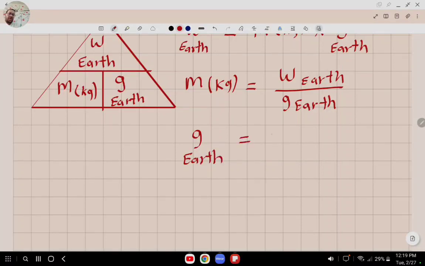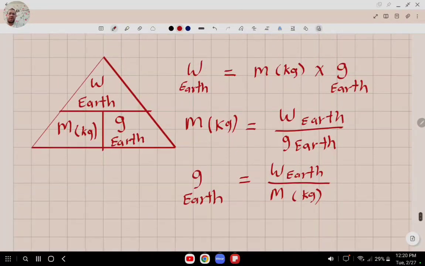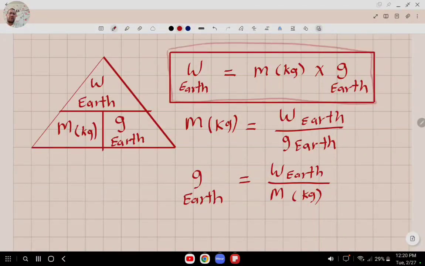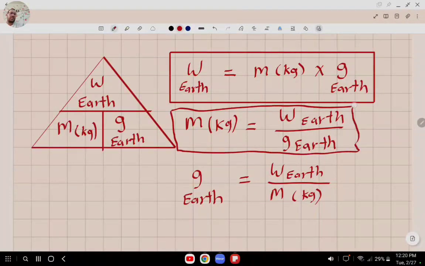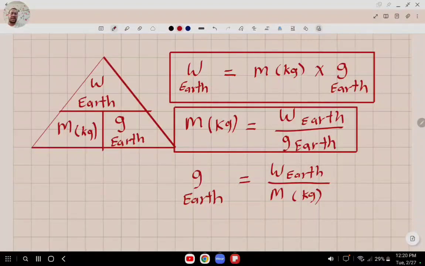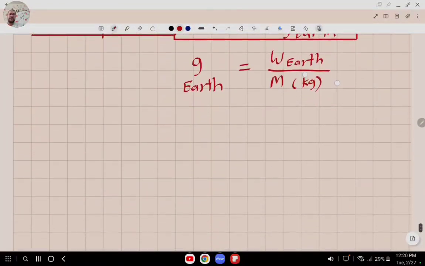We can find the G on Earth by a division of weight on Earth divided by mass in kilogram. These are the rules that you are going to use. The most important rules: weight on the Earth, and also how can you calculate the weight from the mass.